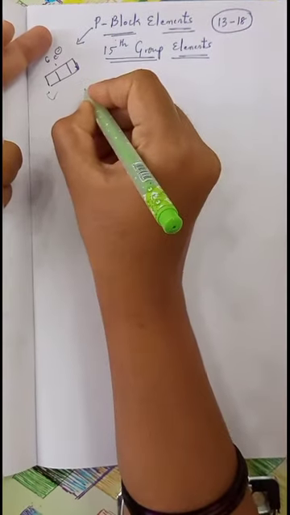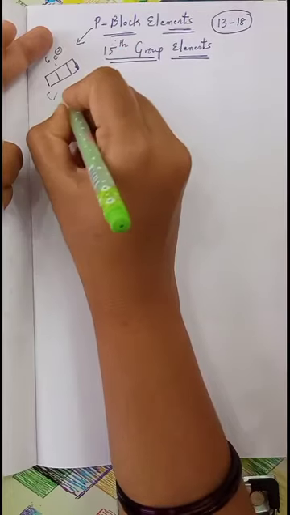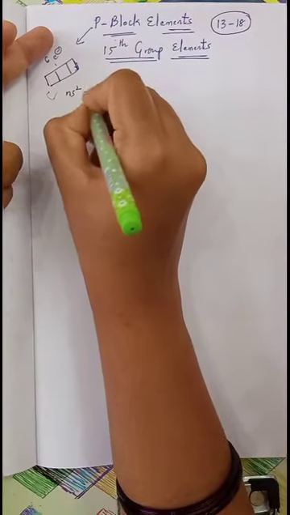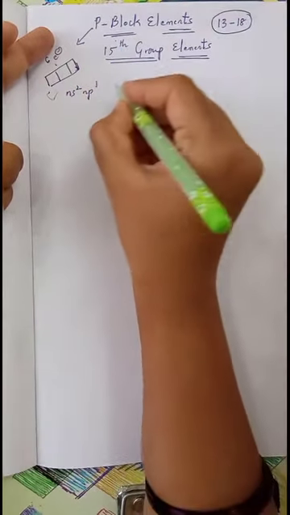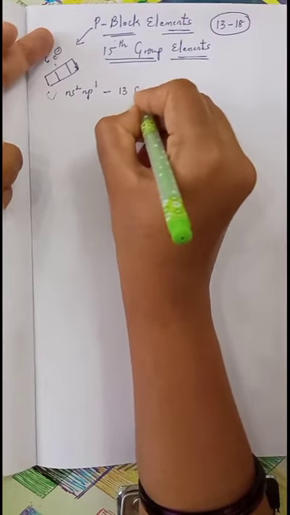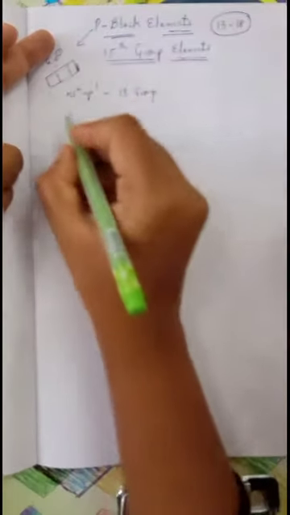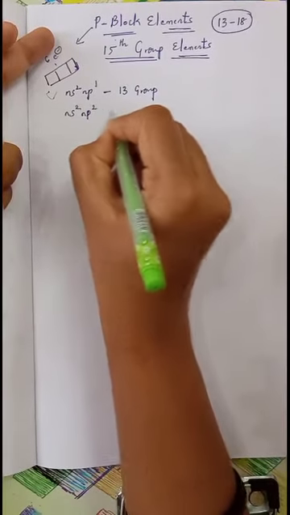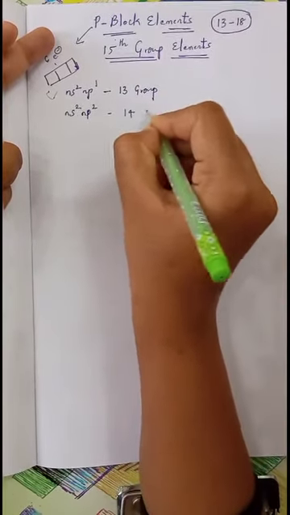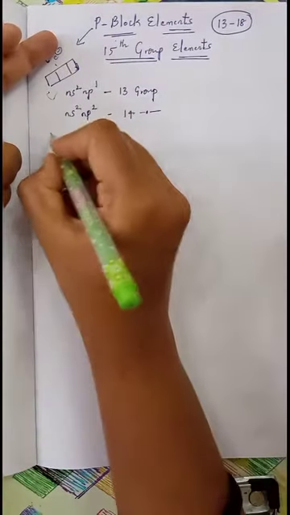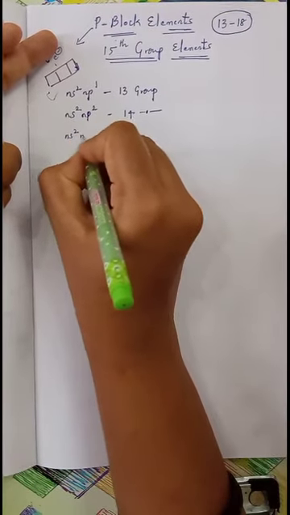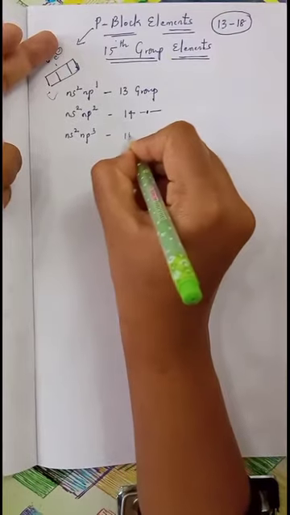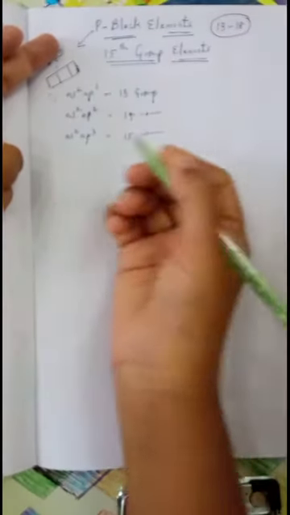If the p block elements contain ns2 np1 configuration, then those belong to the 13th group elements. If p block elements contain ns2 np2 configuration, those are said to be 14th group elements. If ns2 np3 configuration, those are 15th group elements.